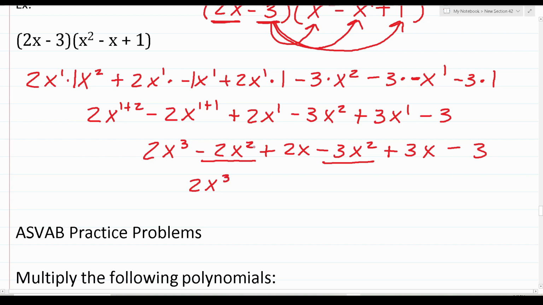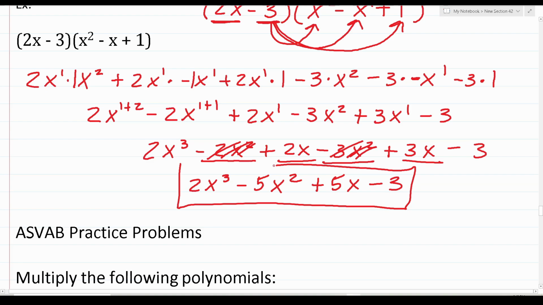Negative 2x squared plus negative 3x squared is negative 5x squared. Now that we've combined them, we can cross them out. And we also have like terms here, 2x and 3x becomes plus 5x and then minus 3. All right, so we are done with that one.